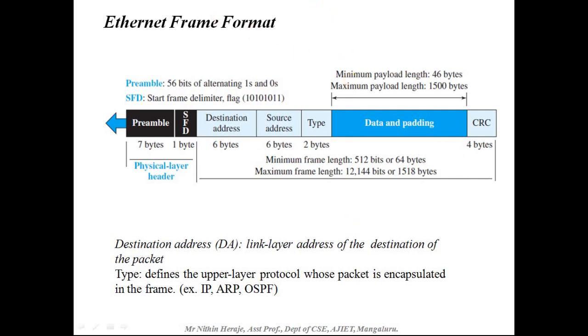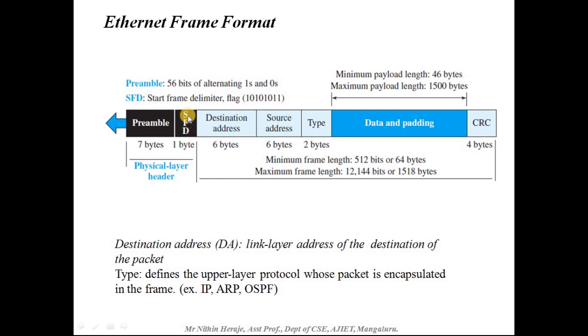This is the Ethernet frame format. You can have a look at it. Here there is a preamble with 56 bits of alternating ones and zeros. This preamble is 7 bytes, which tells you the start of the frame, with alternating ones and zeros for all 7 bytes, which is 56 bits.